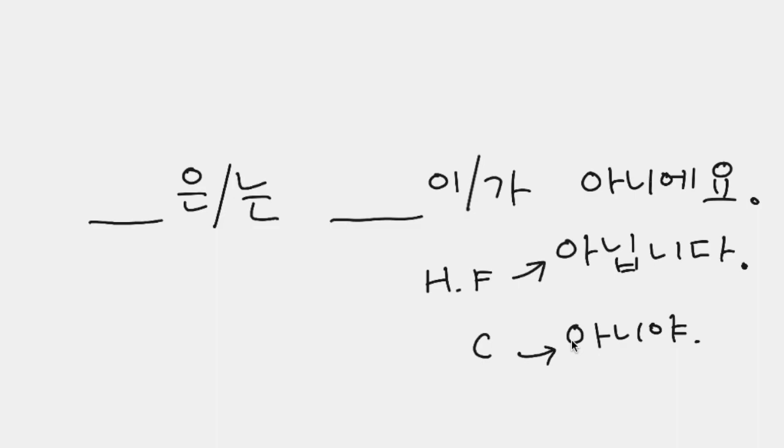Unrefined formal, you're just going to change that to 가. 아닙니까? And then 아니야, casual form. If it's a question, 아니야, all you need to do is intonation up. That's all. 아닙니까? That would be a question. 아닙니다. Statement.